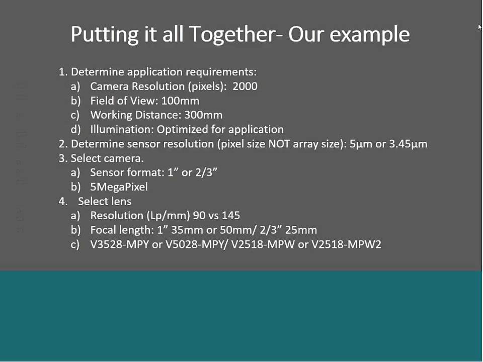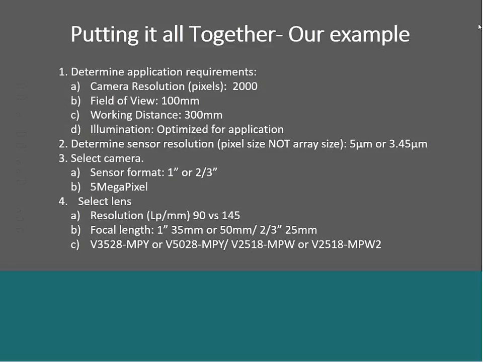Then select our camera. We had a sensor format of 1 inch or 2/3 inch, and that's the camera we came up with. So for our lens, we know we're going to need either 90 or 145 lines per millimeter.